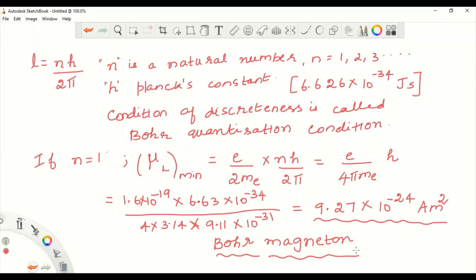The microscopic roots of magnetism in iron and other materials can be studied with the help of this intrinsic spin magnetic moment. Hope you all understood how the magnetic dipole moment of a revolving electron helps us study at the microscopic level. Hope you enjoyed this class, children. Thank you.